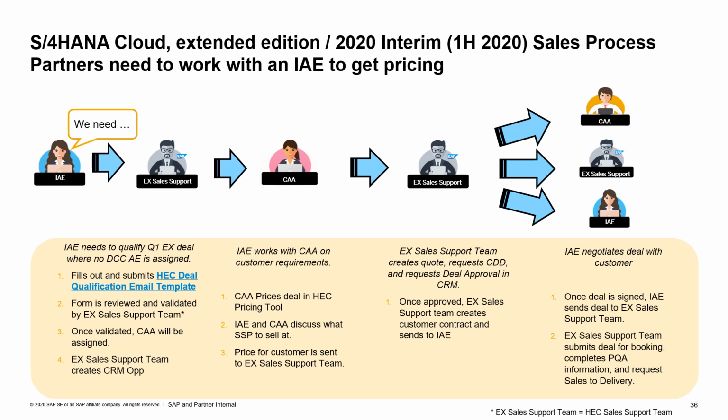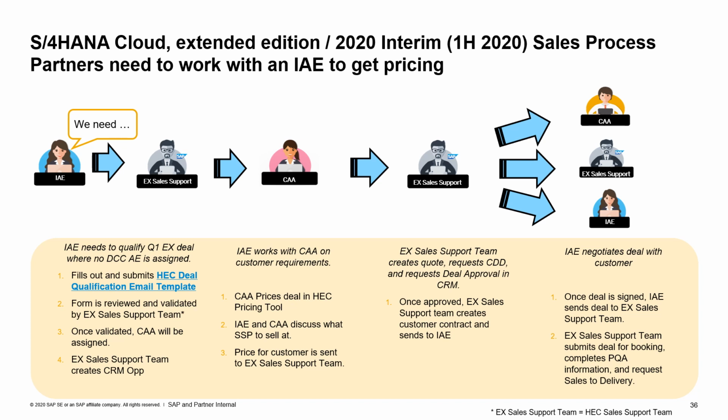So for SAP S4HANA Cloud Extended Edition, we have an interim process. Partners would work with the industry AE to get your pricing. So then you would work with your AE, who then works with their extended sales support team, the CAA or the cloud architect, which is the pre-sales person, and any sales support.